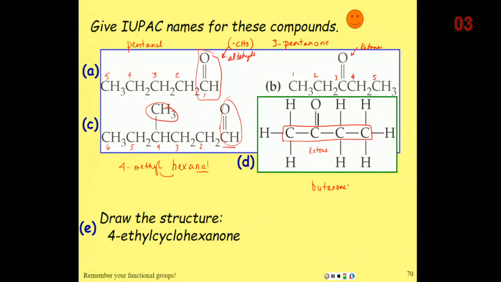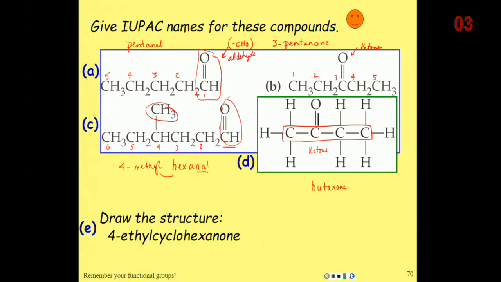And again, do we have to specify the number to tell us where it is? Well, if you think about it, no. It has to be on a non-end carbon, and there's 2 of them, and they'd be carbon 2 regardless of how you chose to number it. So it would be 2 if you wanted to put a number in there, but it really doesn't tell us anything by including it.